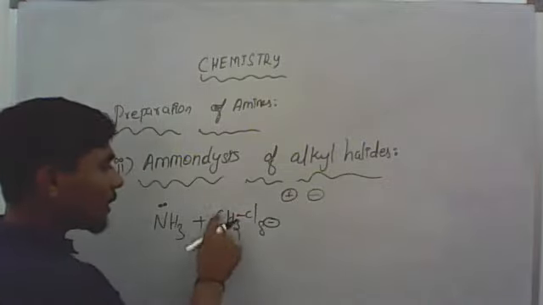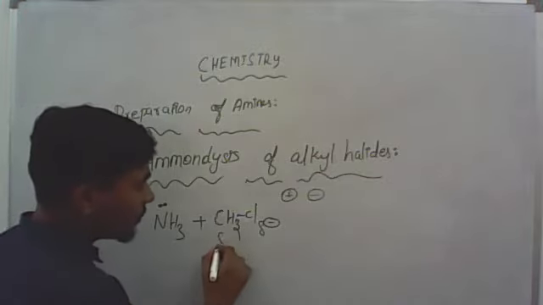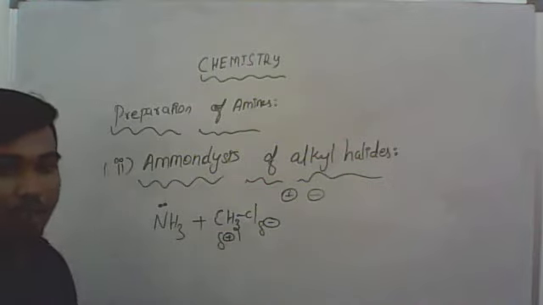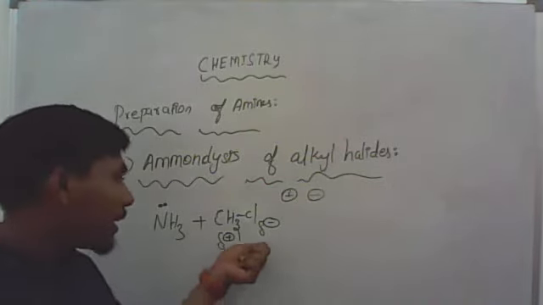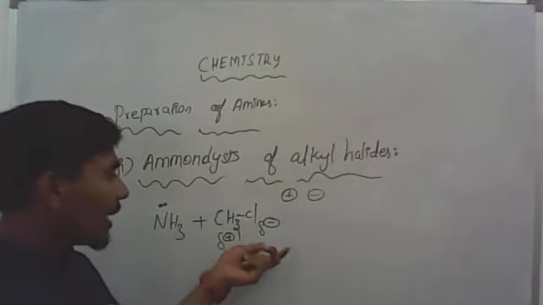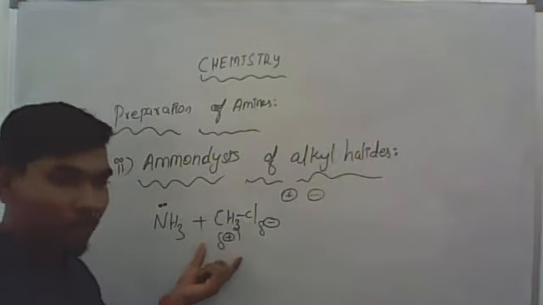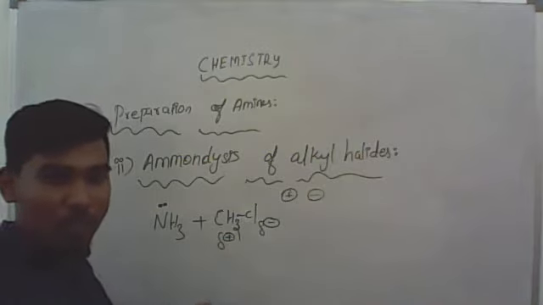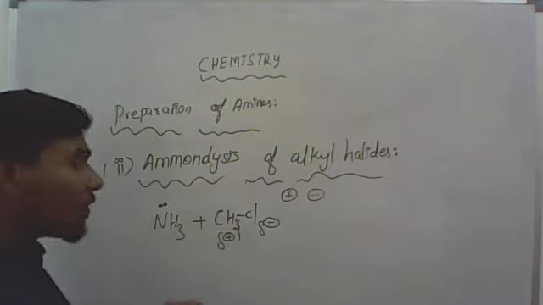This carbon has partially lost its electron, so it has a partial positive charge. Among the two species, chlorine is electron rich, and the methyl carbon is an electron-deficient species because it has a positive charge.